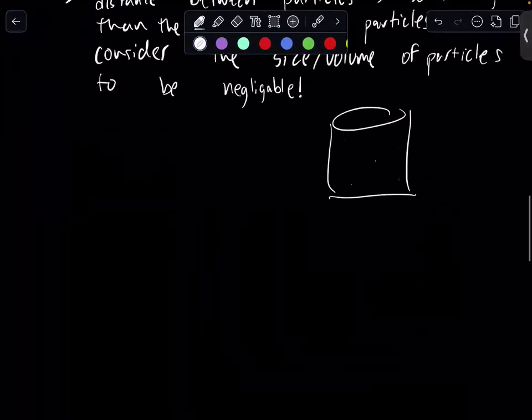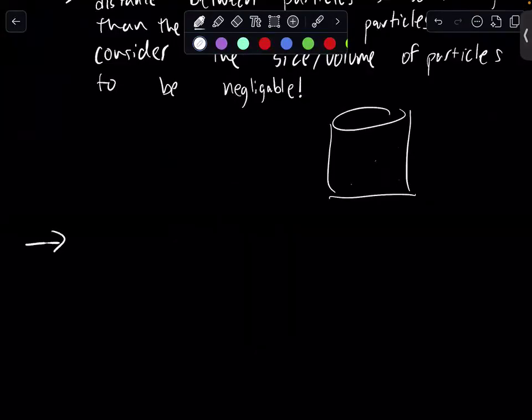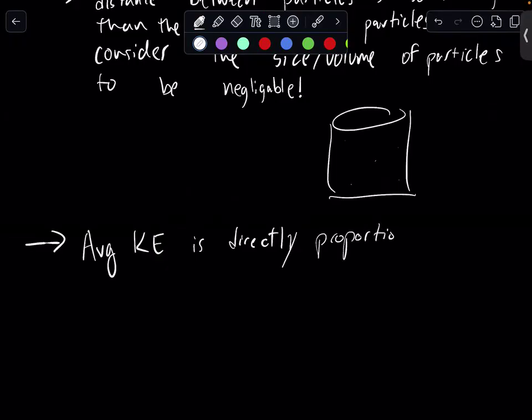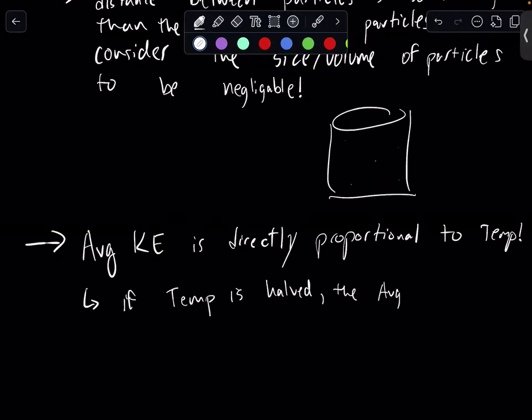All right. The last assumption is average kinetic energy is directly proportional to temperature. What that basically means is that if temperature is halved, the average kinetic energy of particles is also halved.